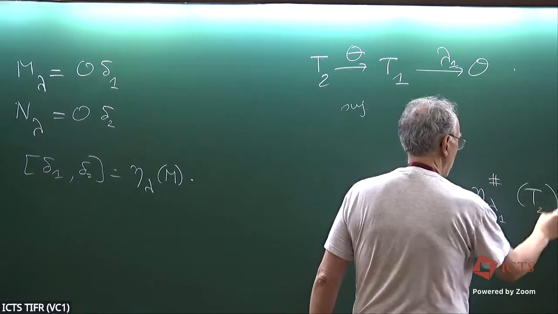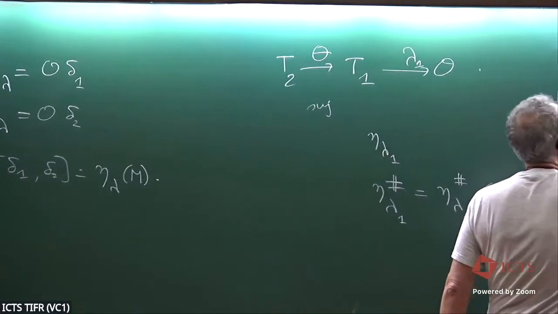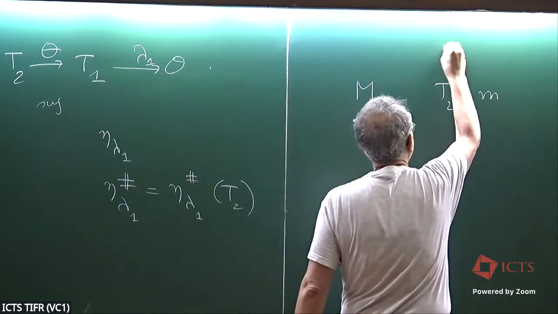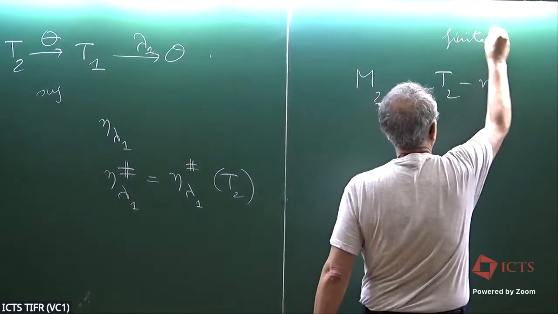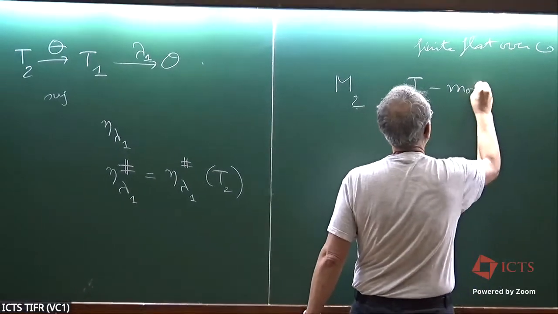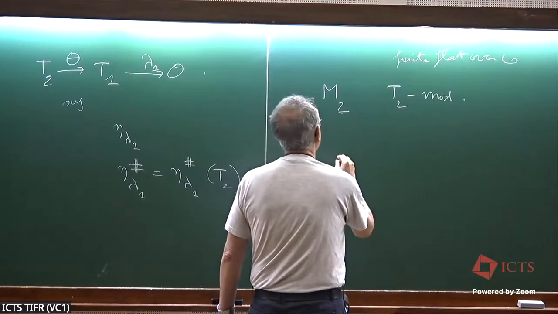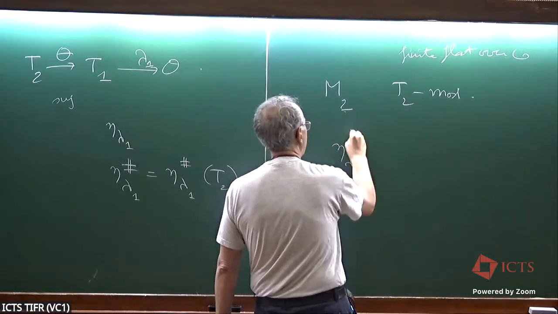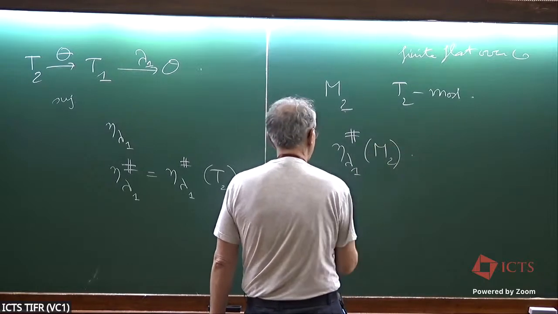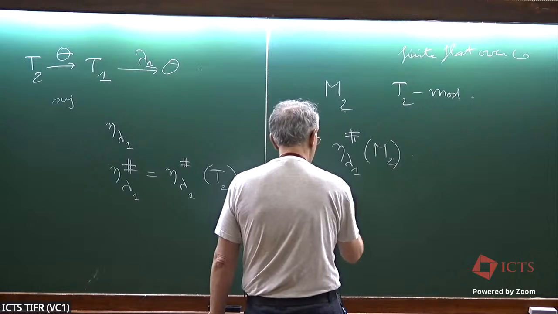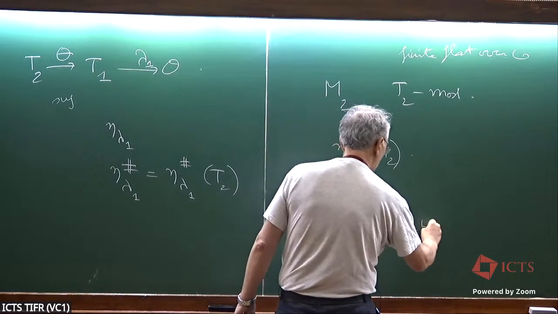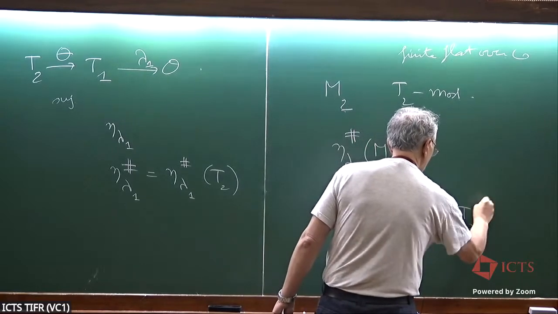Let me explain in general when you have M2 a T2 module, of course finite flat over O. For a T2 module, we defined eta lambda 1 sharp of M2. For that, we chose a splitting of T2 as T1 times T2 double prime.